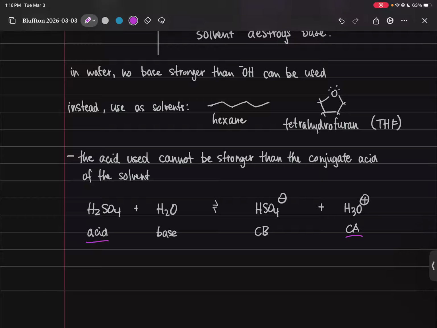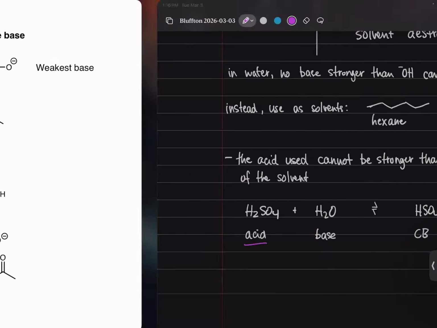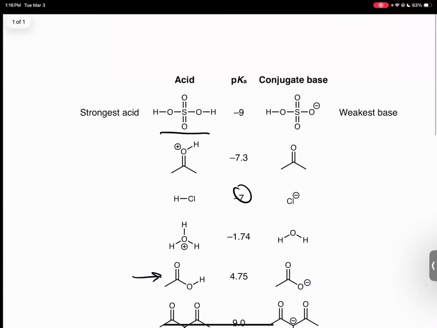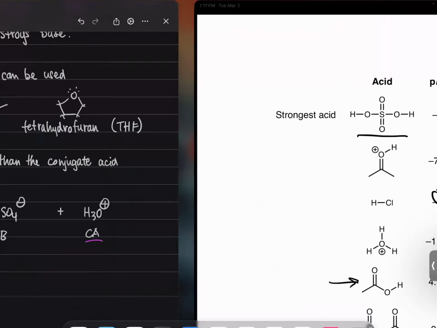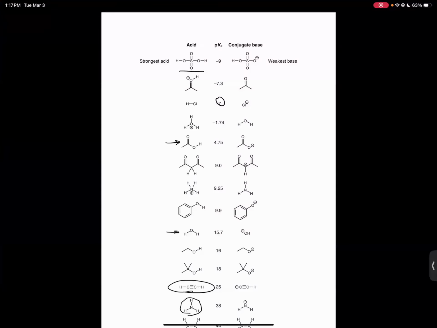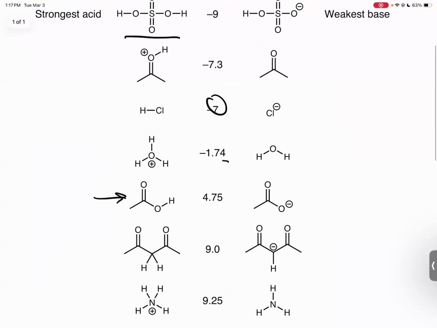Okay. So we need our pKa's. So the pKa of sulfuric acid up here at the top of the pKa table is -9. And then the other acid is hydronium, H3O plus, and that has a pKa of -1.74.